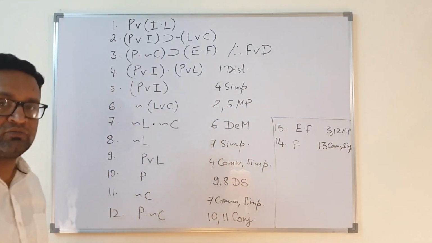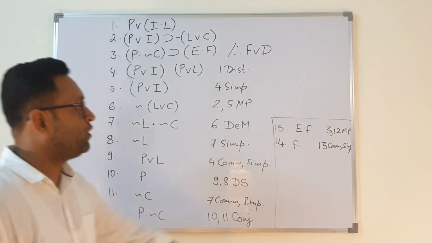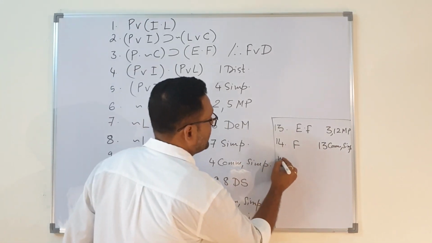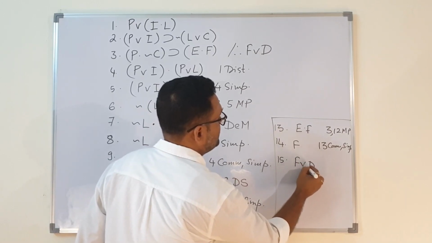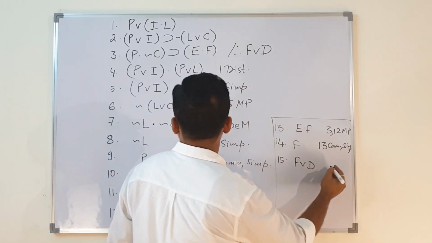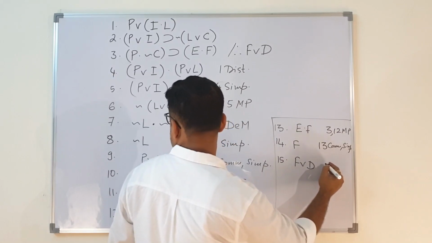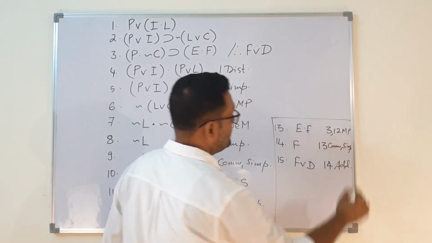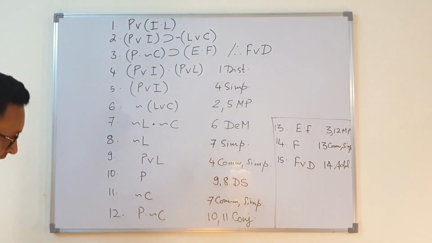So you need to use 2 steps. First you have to commute and then you have to simplify. So you have got F. You can write F wedge D here, and this will be 14, addition. So this is how you can create the answer.